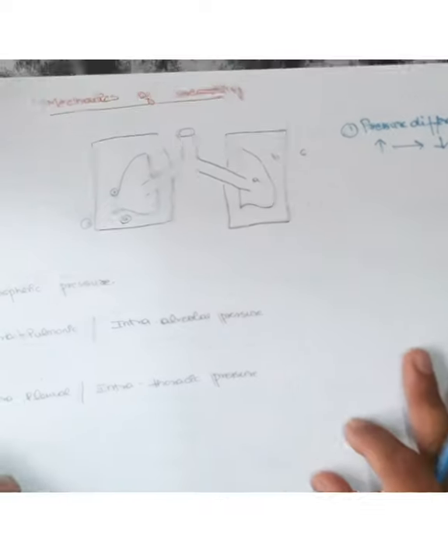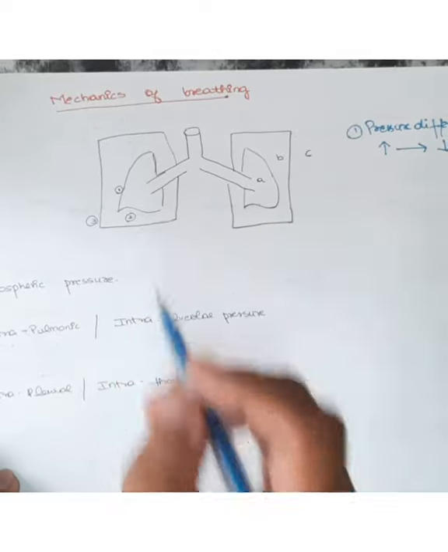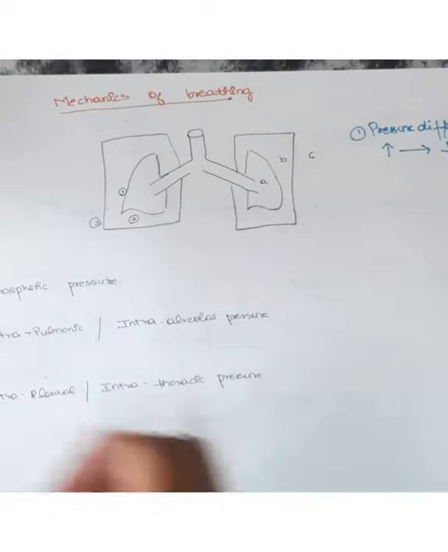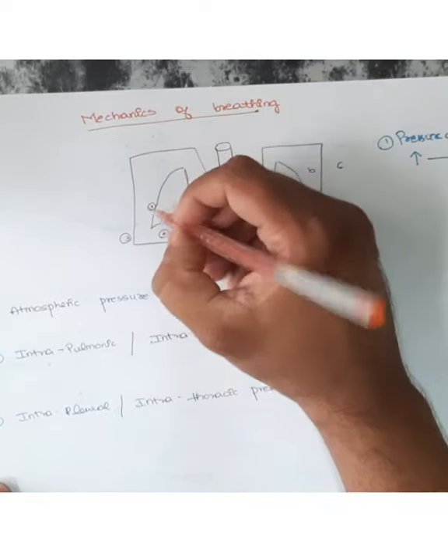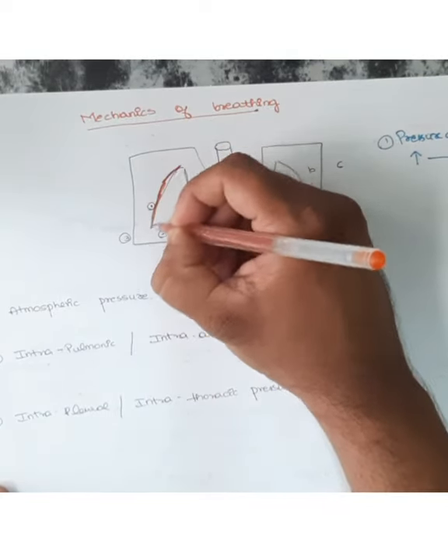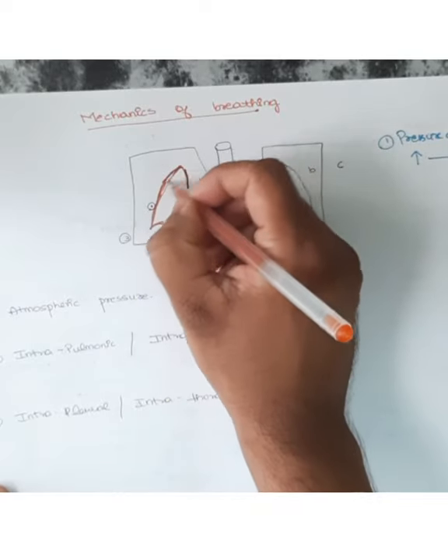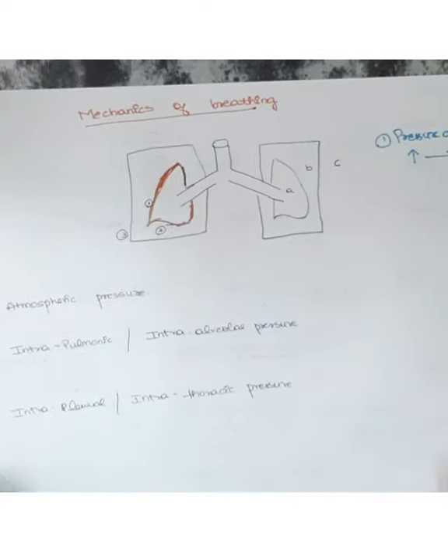So in this diagrammatic explanation, we can see a few important things. This area is represented as the visceral pleura. In the first class we stated there is a pleura, which is the serous membrane which covers the lungs. This pleura has two parts.